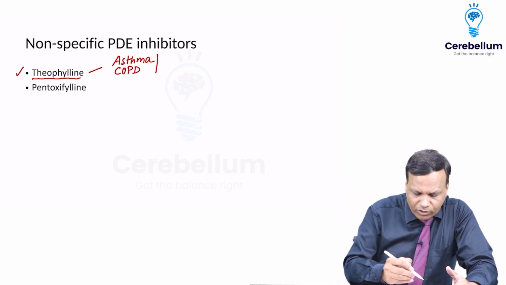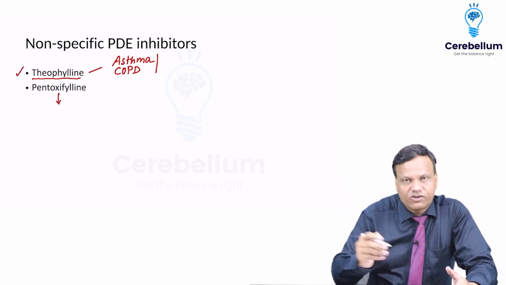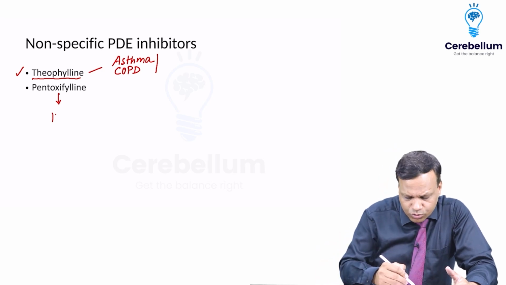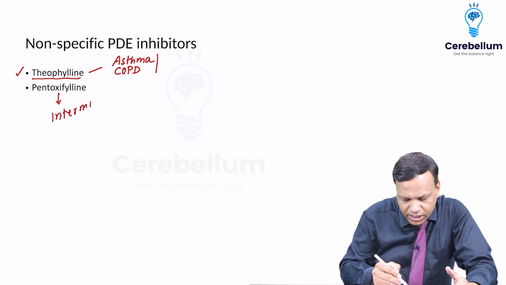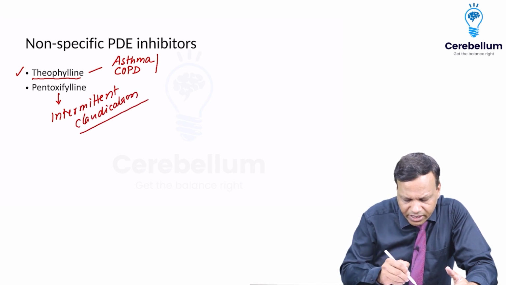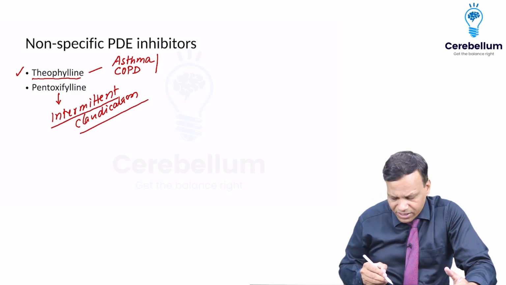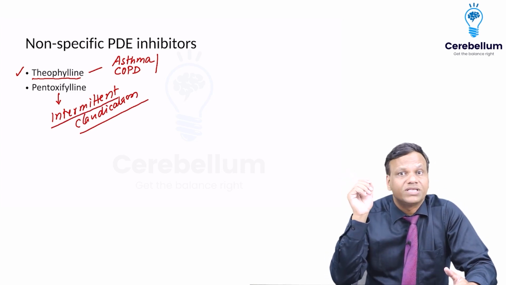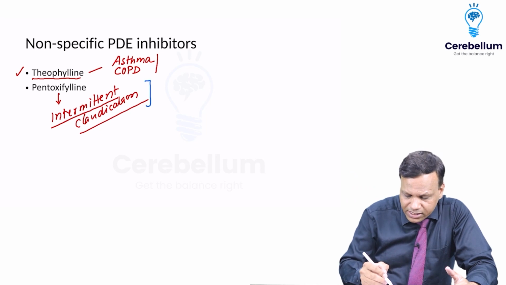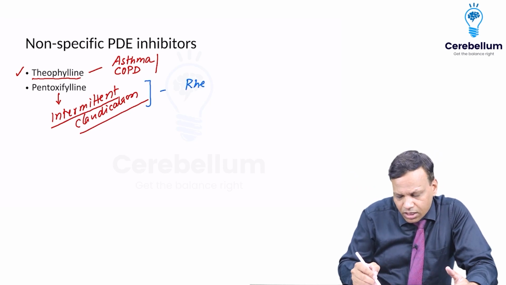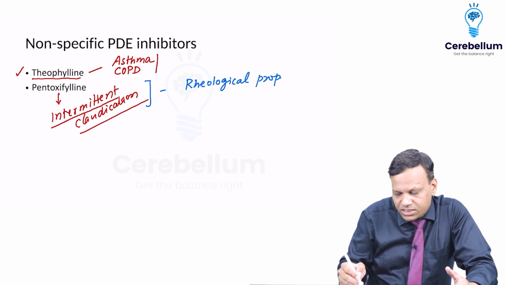Then pentoxifylline is another non-specific phosphodiesterase inhibitor. It is used in intermittent claudication. Its exact mechanism in intermittent claudication is not known, but the antiplatelet action is not found to be that important. What is important is that it modifies the rheological properties of blood.